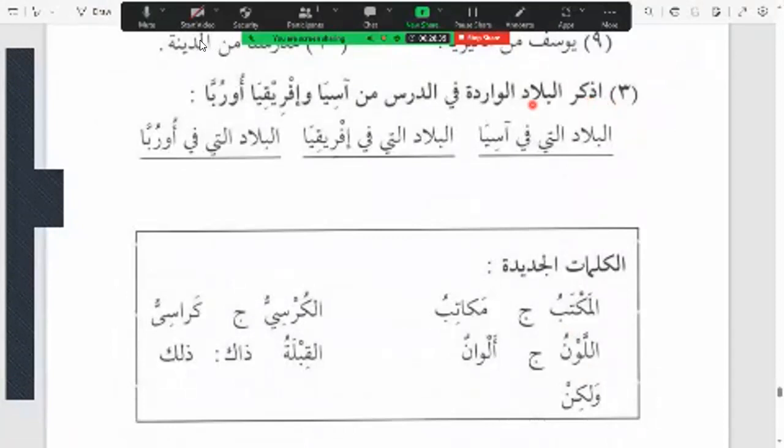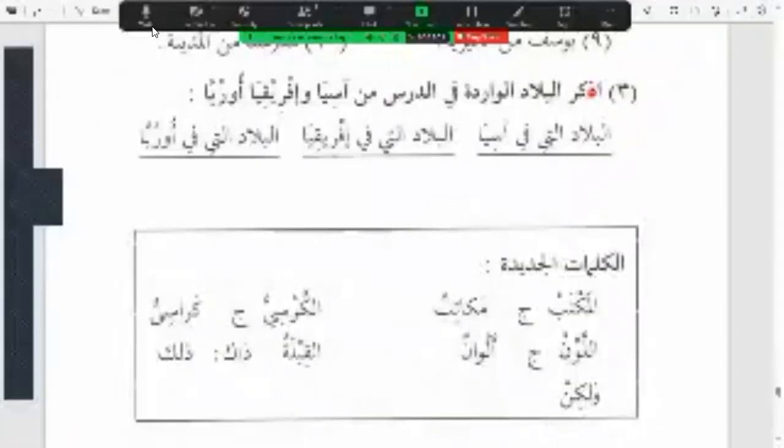اذكر بلاد الواردة في الدرس من آسيا وأفريقيا وأوروبا. اذكر is specify. This is a command to specify. اذكر بلاد: specify the countries.